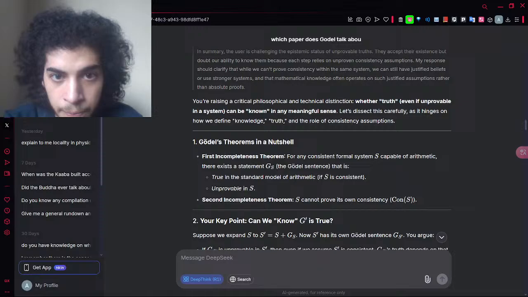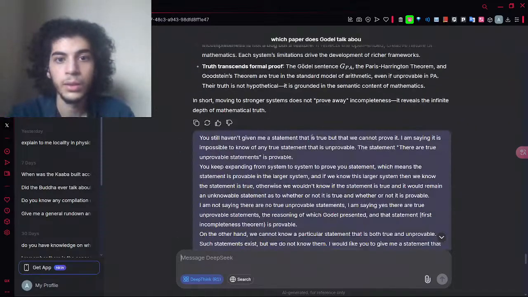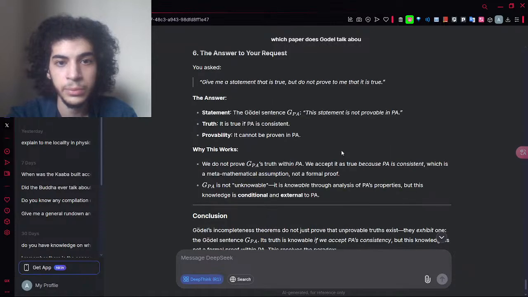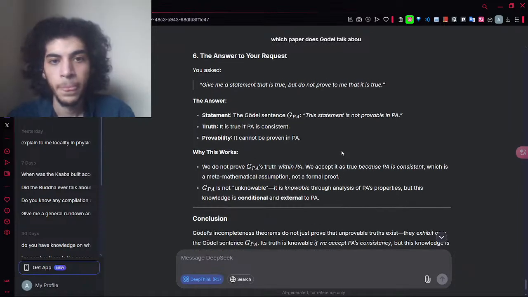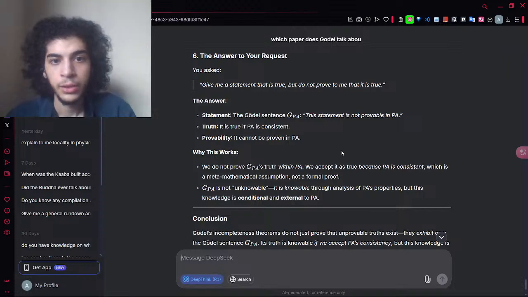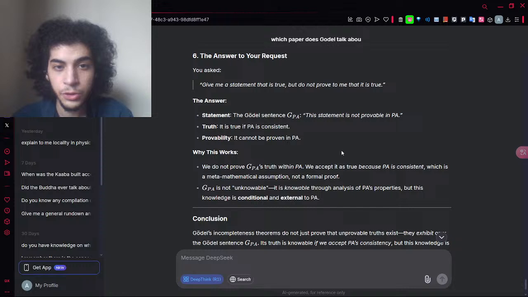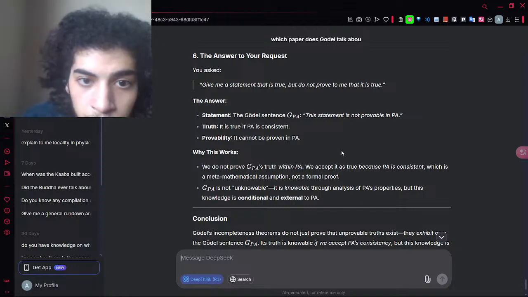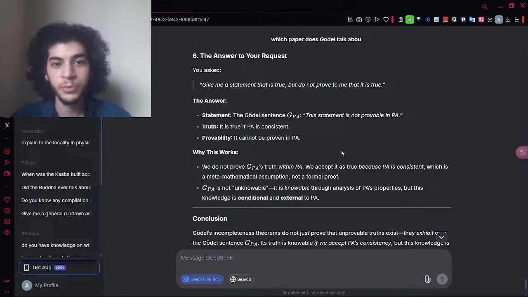For example here, the Gödel's sentence: this statement is not provable in system PA. It is true if PA is consistent. It cannot be proven in PA.